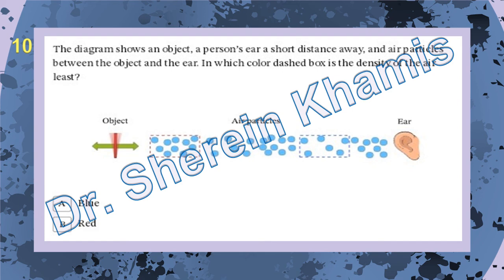Here we have a big number of air particles, so the density is most, and here we have a small number of air particles, so we have low density of air. So in the blue box we have the least density of air.